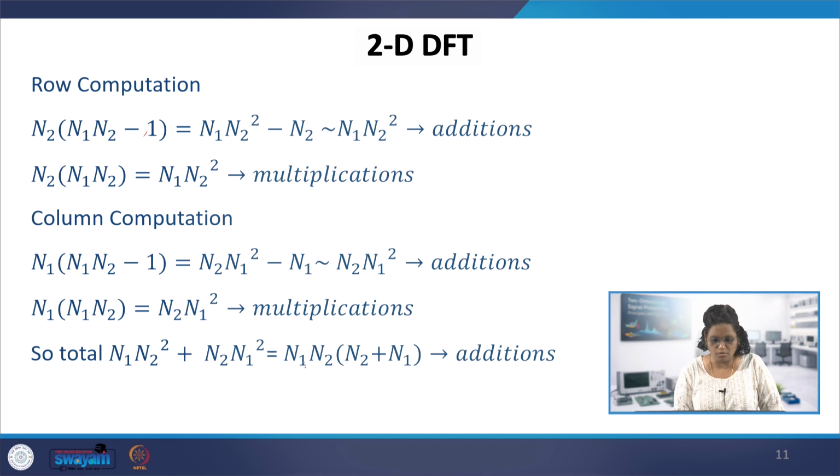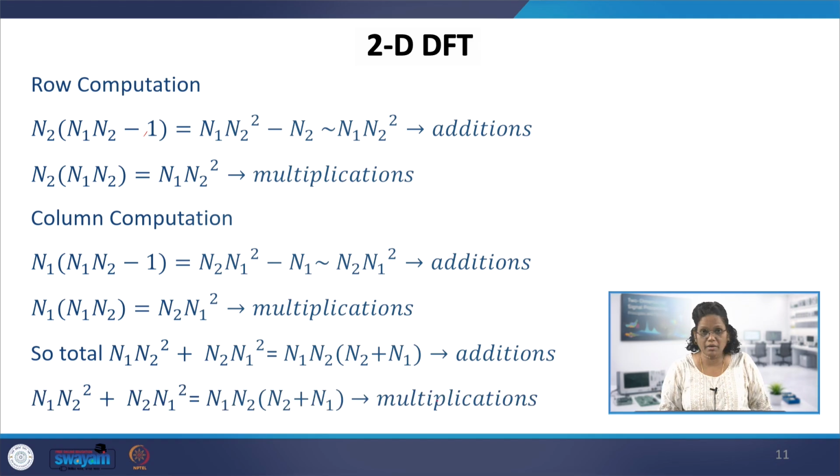If you add all of them, the additions would be n1 n2 square plus n2 n1 square. If you take n1 n2 outside, it results in n1 n2 into n2 plus n1. So this is the number of additions approximately needed for 2D DFT; this would be varied for FFT cases. Similarly, adding the multiplications, we get n1 n2 into n2 plus n1.